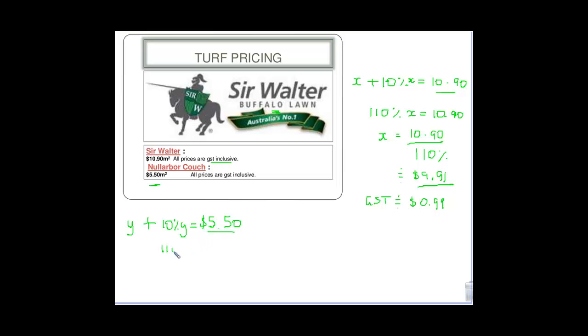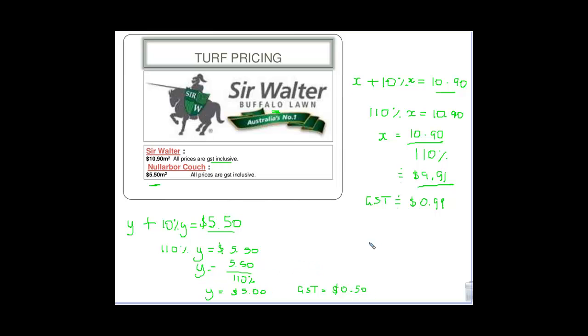So again, 110% of our original price is equal to the $5.50, and so we do our division, $5.50 divided by 110%, and we get a price for that at $5 with a GST component of 50 cents. So our $5 plus 50 cents makes up the $5.50. So there's our price there.